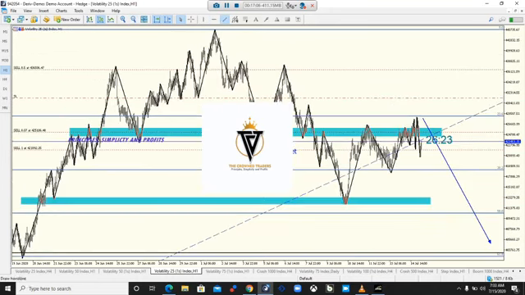Notwithstanding, you don't predict the market, you react to what the market is giving to you. So you don't predict, you react to the market. So as you can see, on the 1 hour time frame it's forming a good structural continuation pattern.